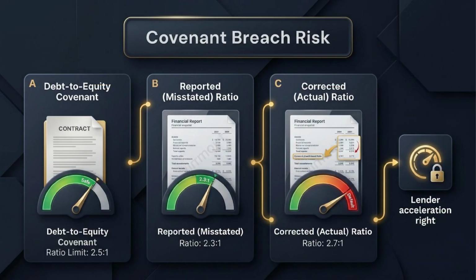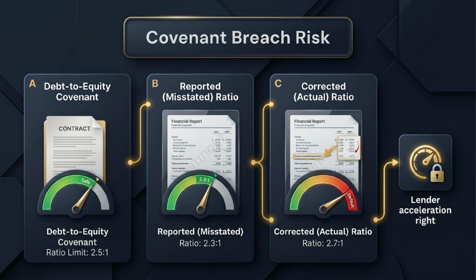Covenant breach risk is another major qualitative factor. Loan agreements often include financial covenants such as maximum debt to equity ratios, minimum current ratios, or minimum interest coverage ratios. A misstatement may look modest in absolute dollars but still hide a covenant breach.